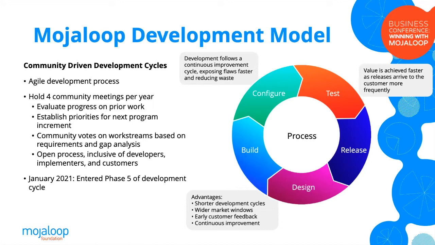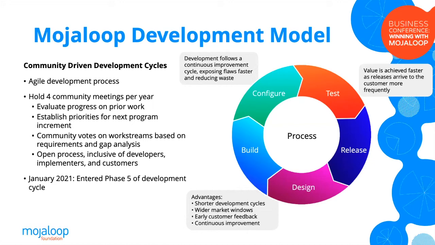And so every year we kick off a new phase of development. This year we started phase 5. We have 4 community meetings a year. Our next one is late October. And during those community meetings, we evaluate the progress on prior work. We establish priorities for the next increment. The community determines what work streams will be the priority for the next program increment.